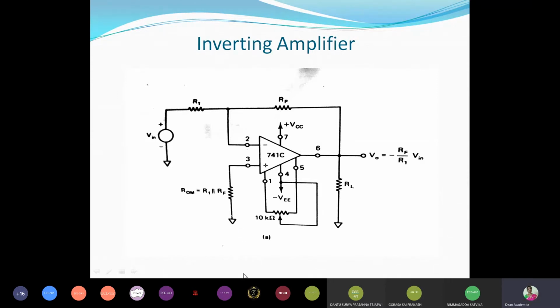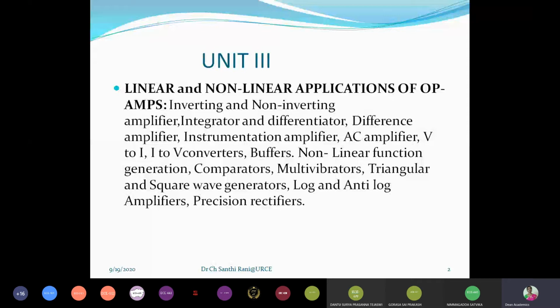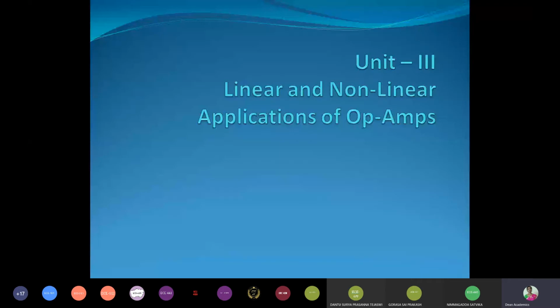Now today's class, let me start. In the previous class we discussed unit 3, I have just started unit 3: linear and non-linear applications of op-amp.